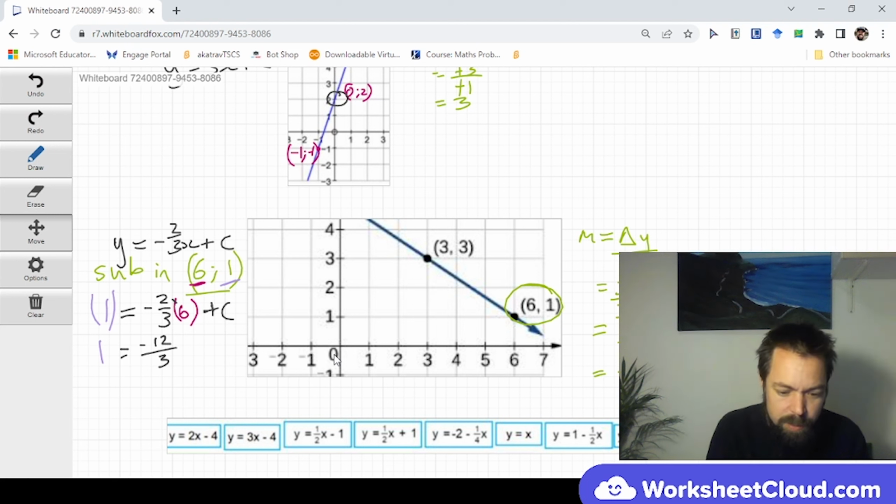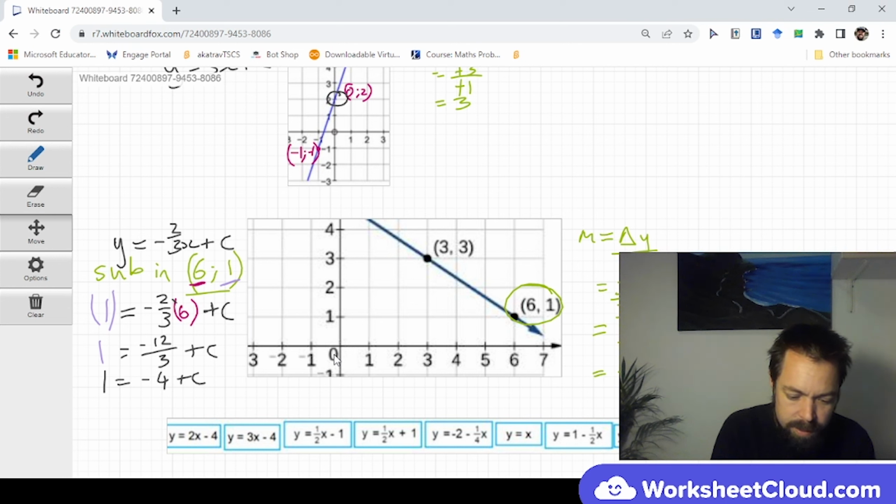So 1 equals minus 12 over 3 plus c, so minus 4 plus c. Now I'm going to move this across to the other side, and I do that by adding 4 to both sides. So what I'm left with is 5 is equal to c.